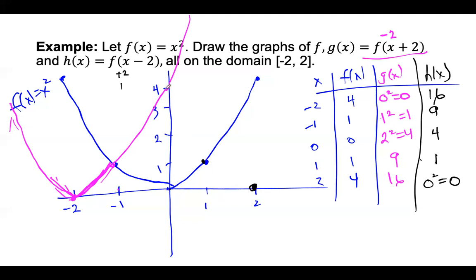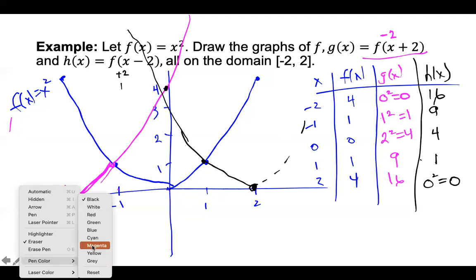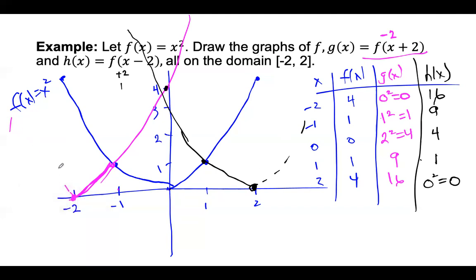At 0, 4, and so on. It did just say the domain from -2 to 2, so I'm correcting it with little dashes, because you only have to do it from -2 to 2, but that's the idea.